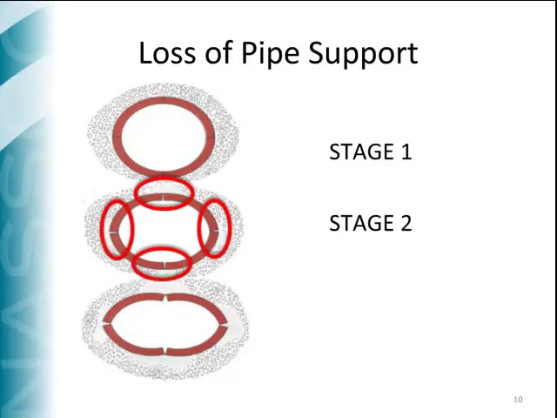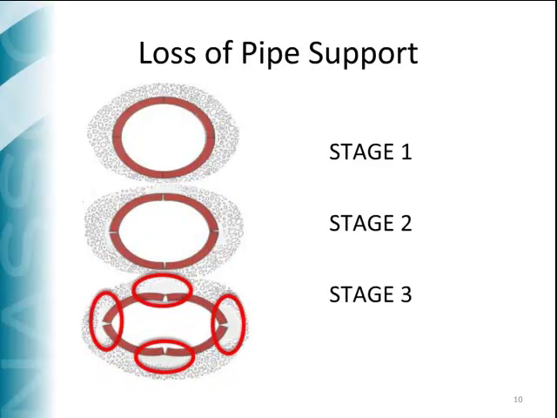This is caused by a respiration effect that's caused by infiltration and exfiltration of water. In this stage, side support is lost, allowing deformation of the pipe. Due to the progressive loss of support in the third stage, the pipe crown drops, and the likelihood of a pipe collapse increases significantly. Depending on the type of surrounding soil, the groundwater level, and other factors, the time between these stages will vary.